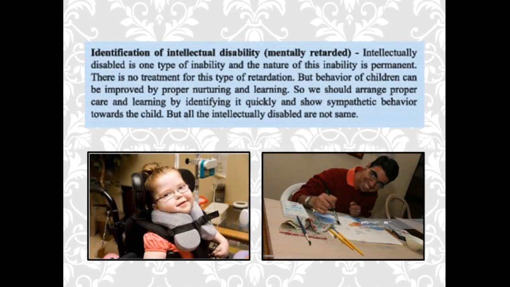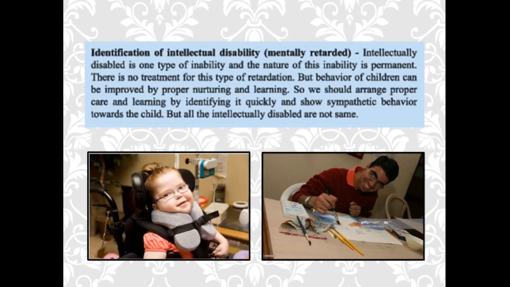Identification of intellectual disability. Intellectual disability is one type of inability, and the nature of this inability is permanent. There is no treatment for this type of retardation.